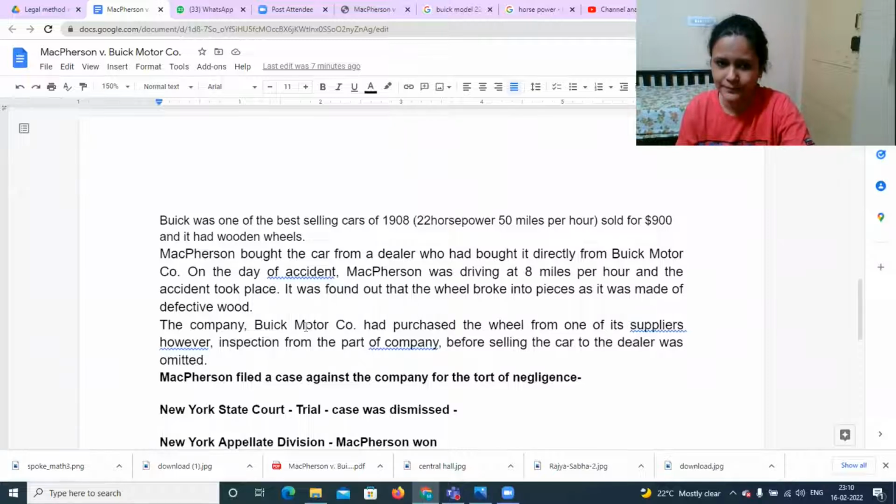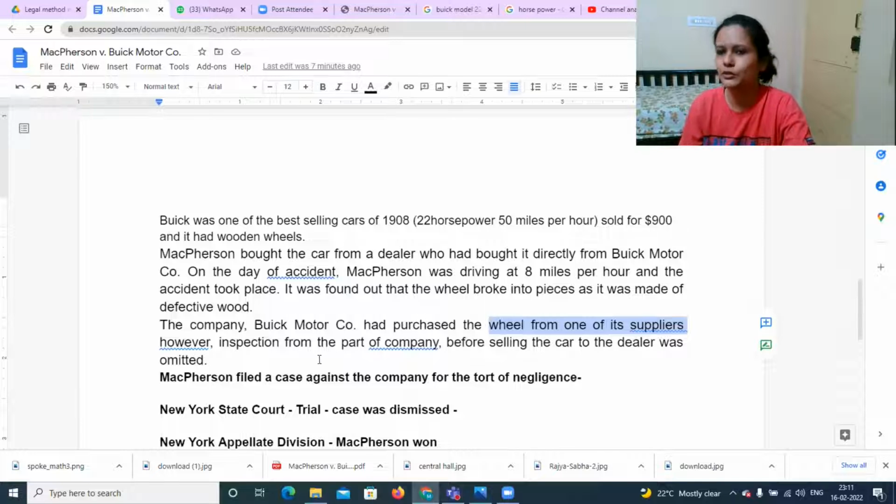Now, Buick Motor Company had purchased the wheels from one of its suppliers, who was a reputed supplier. But inspection on the part of the company before selling it to the dealer was omitted. So they said that we bought it from a supplier from whom we regularly buy and who is a reputed supplier also.